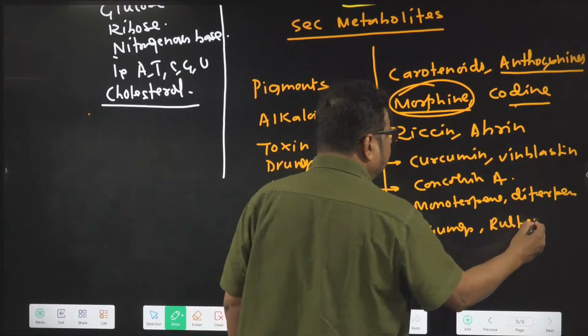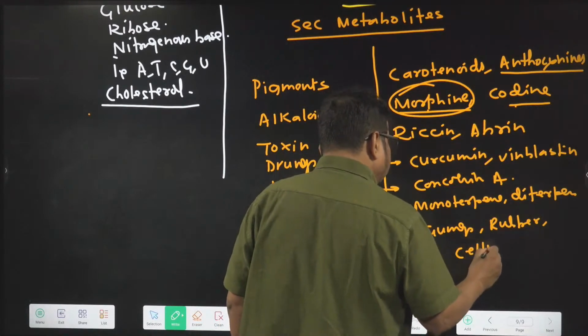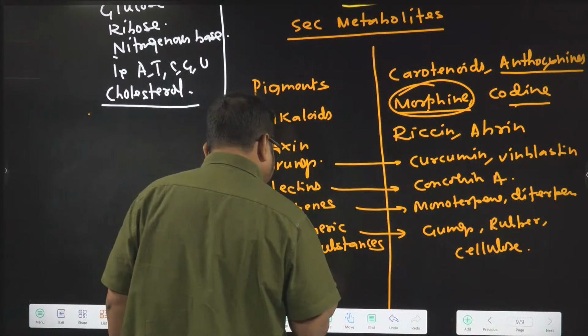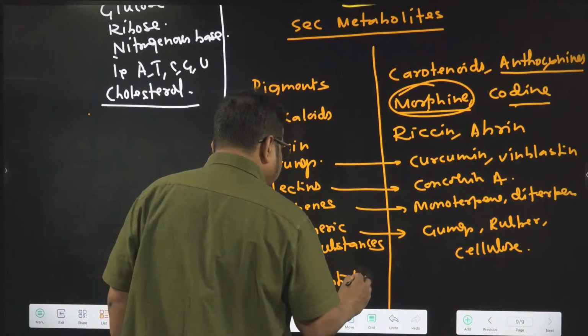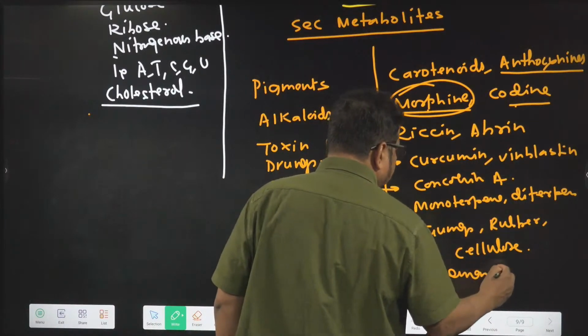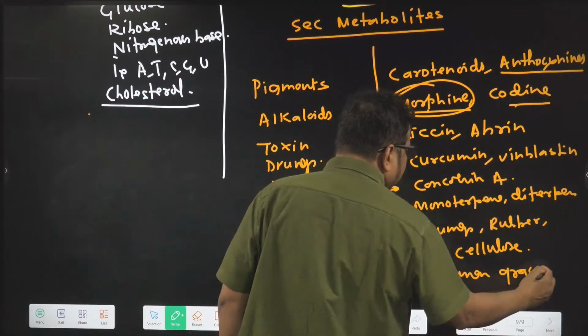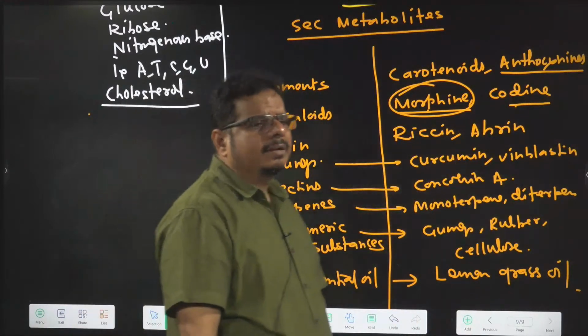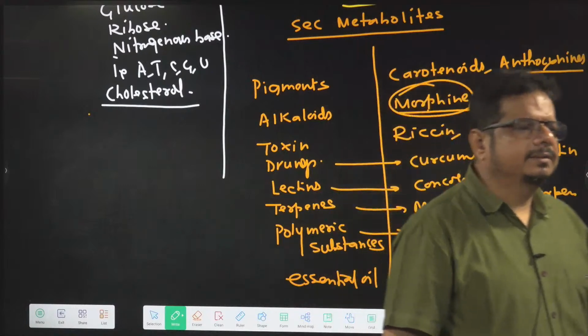These all have a role in human welfare. Cellulose. And another category I am writing, essential oil. Who is coming in this category? Lemongrass oil. So these all are the list of which one? Secondary metabolites. You do it by heart.